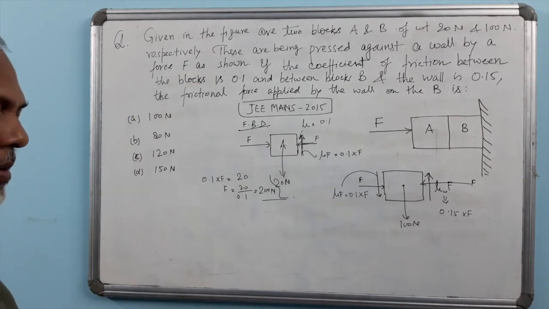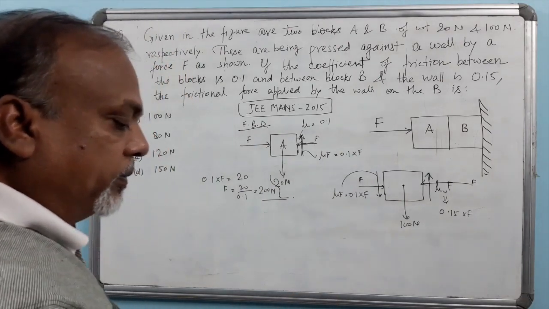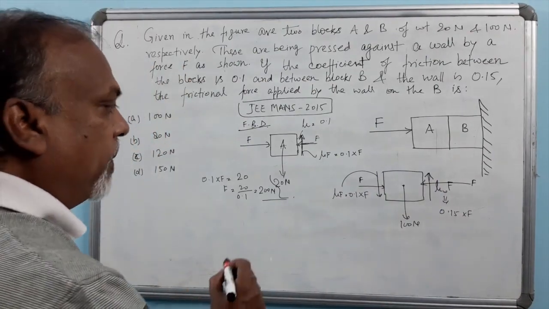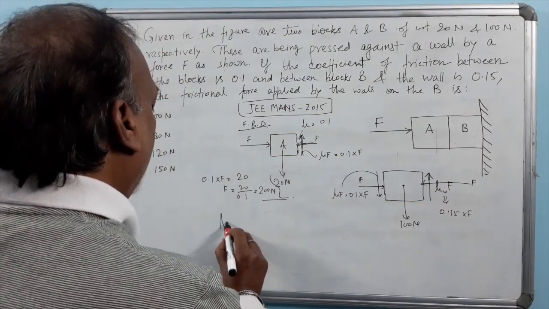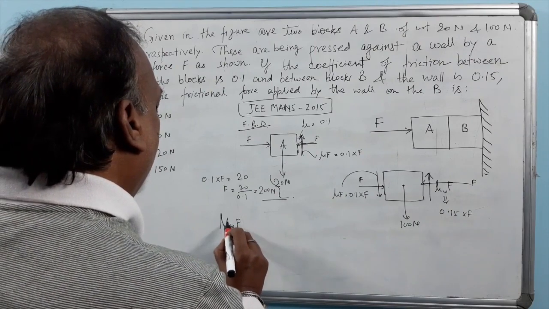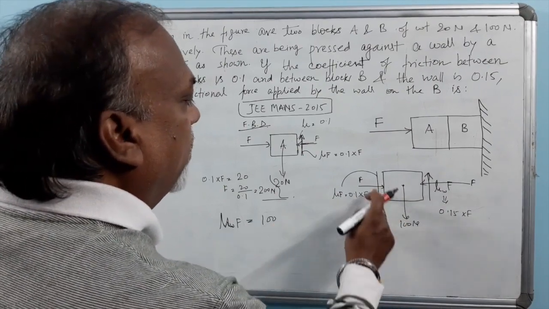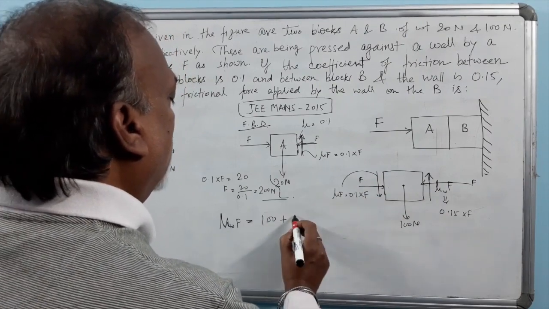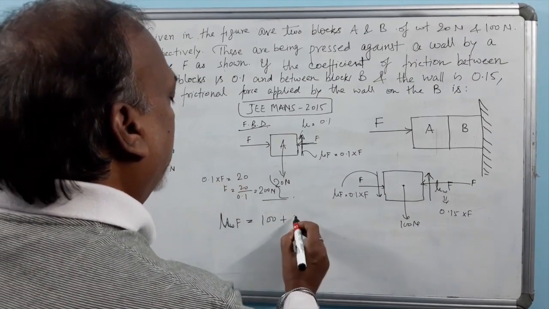Now for block B, the weight will be nothing but 100, in the downward direction, and then plus μF, that is here 0.1 into F, that is 20.